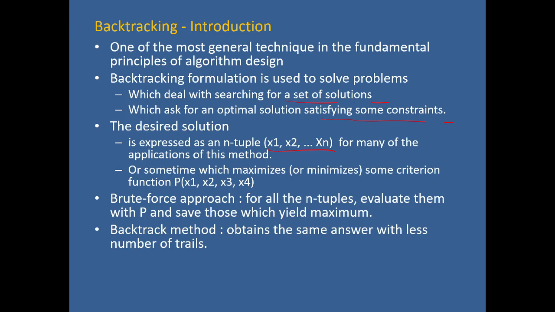It is not suitable for big problems, only for the smallest problems. Brute force means for all the n tuples, evaluate them with the objective, and whatever gives the maximum or minimum value, you store as the answer, but it takes a lot of time. The backtracking technique obtains the same answer with fewer trials.